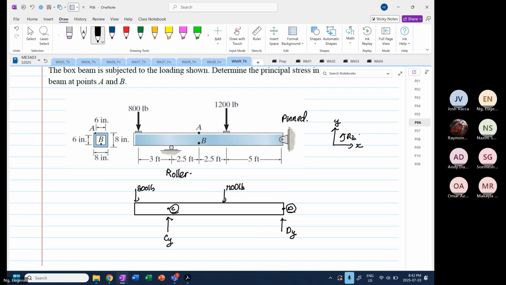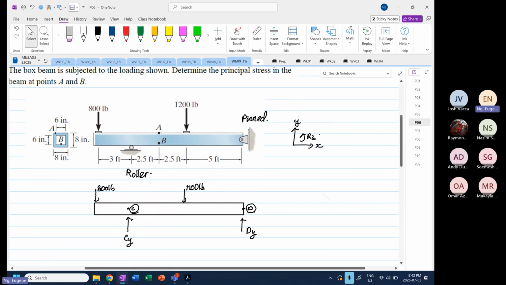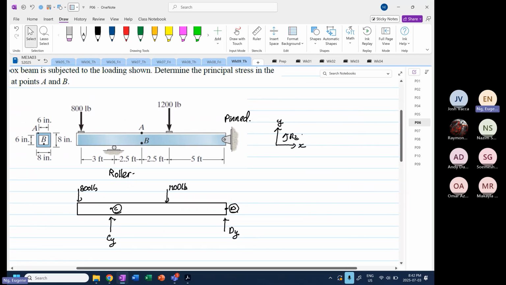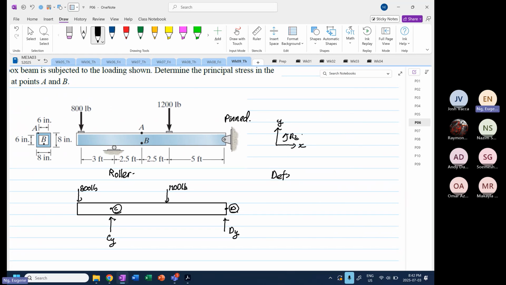So we are going to determine point C and point D. Now there are no horizontal forces because it can move horizontally, right? So you're allowed to move horizontally.